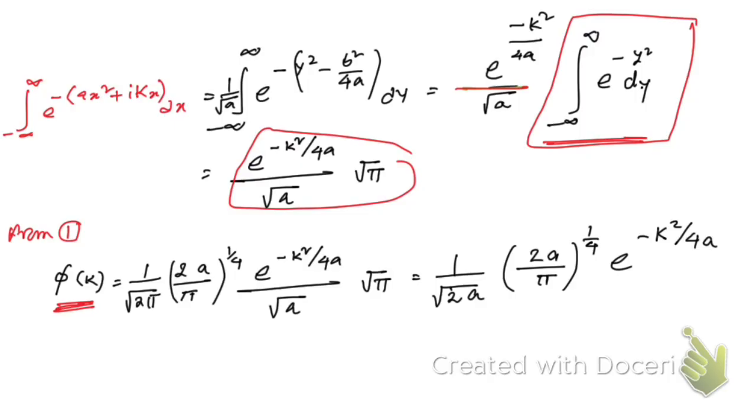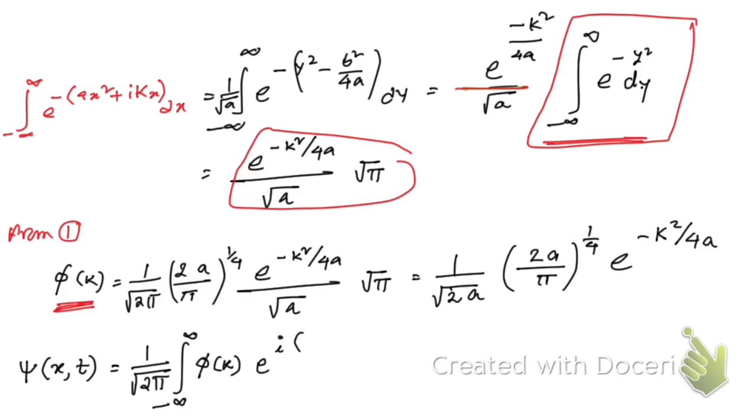So now you see what is our motive. Our motive is to find psi of x comma t, which is nothing but 1 by root over 2 pi integration, that formula I have already given you, minus infinity to plus infinity, phi of k e to the power i kx minus h cut k square by twice m t.